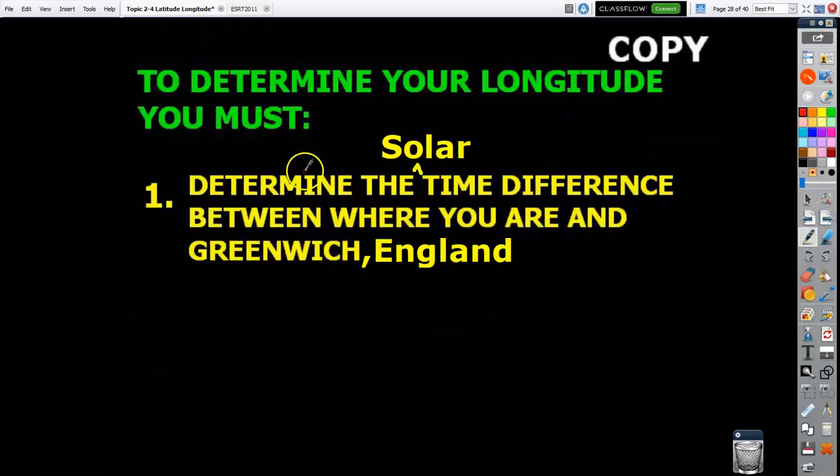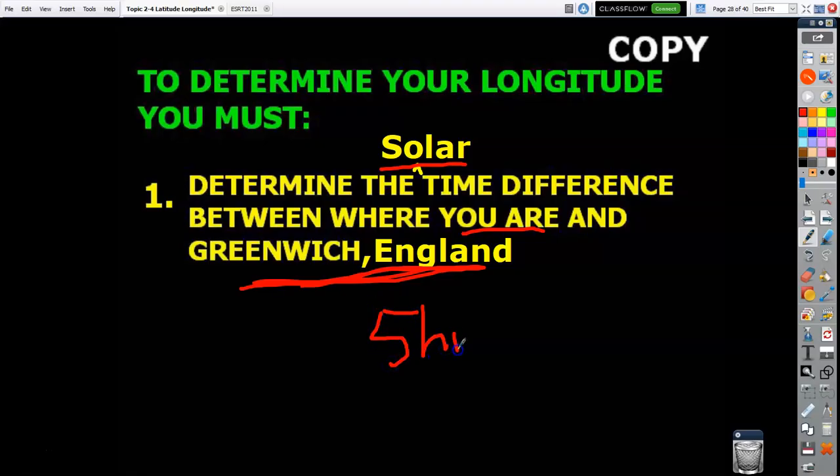So to get your longitude, the first thing you need to know is how many hours, what they call the solar time, or even just clock time. What's the time difference, how many hours between you and the prime meridian, which is in Greenwich, England. So again, New York is where we are, Rhinebeck, we are 5 hours difference between us and England. So that would be step one.